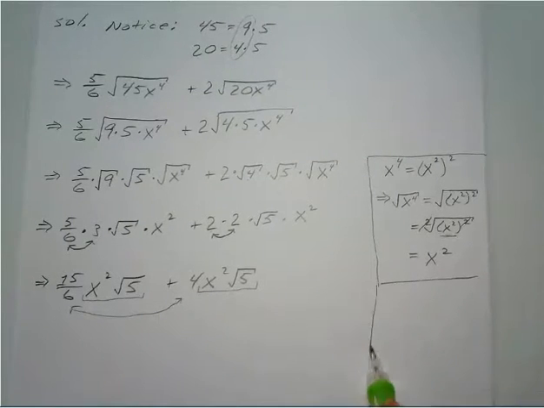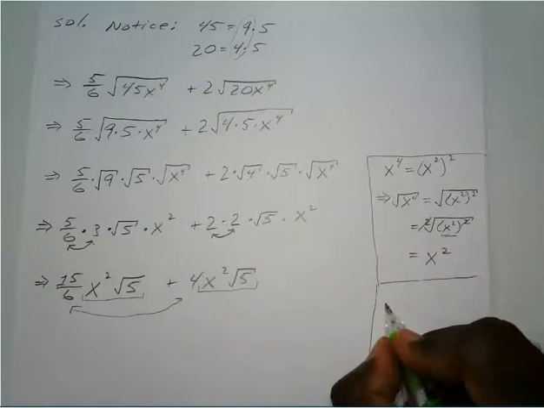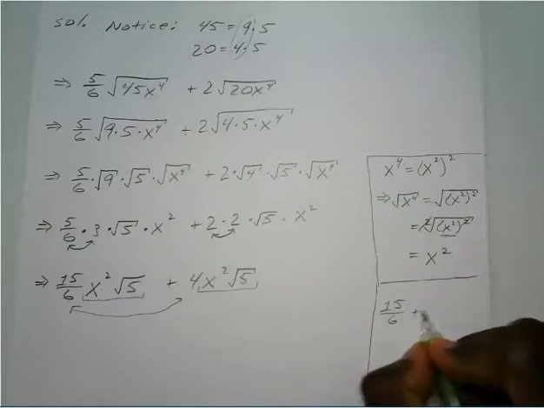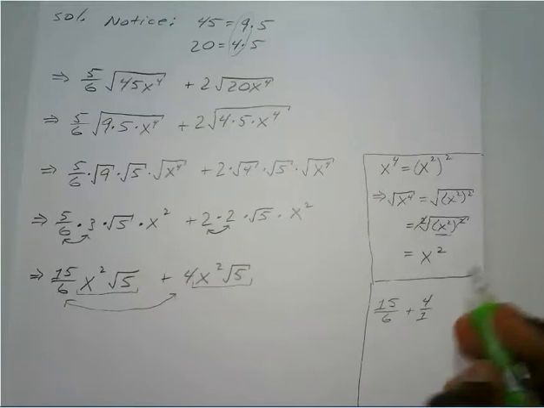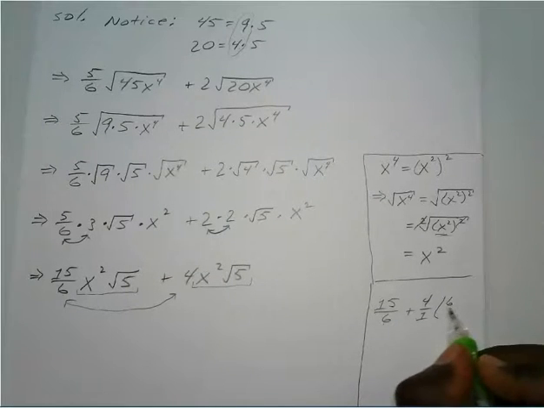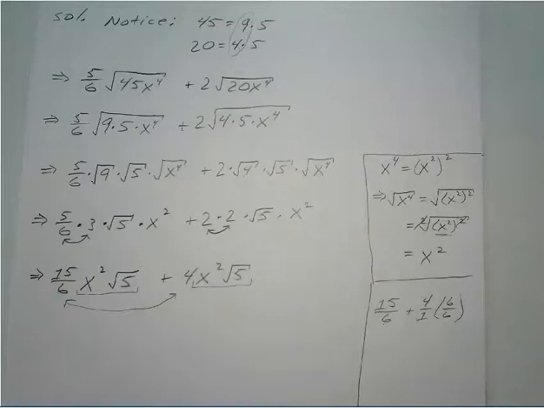Okay, so just solve that over here. So we have 15 over 6 plus 4. So 15 over 6 plus 4, make that 4 over 1. So to get our denominators to match, we multiply this one by 6 over 6. So we have 15 over 6 plus 6 times 4 is 24 over 6, which is equal to 39 over 6.